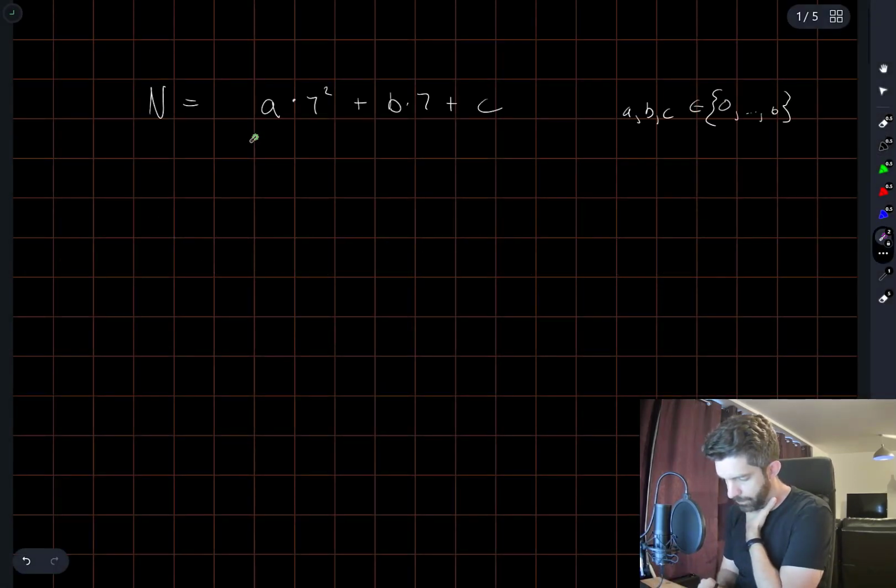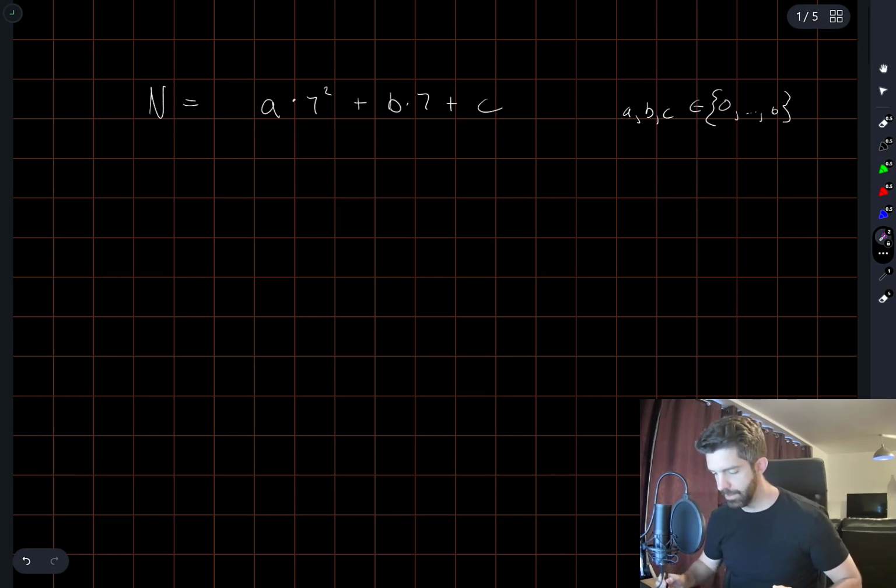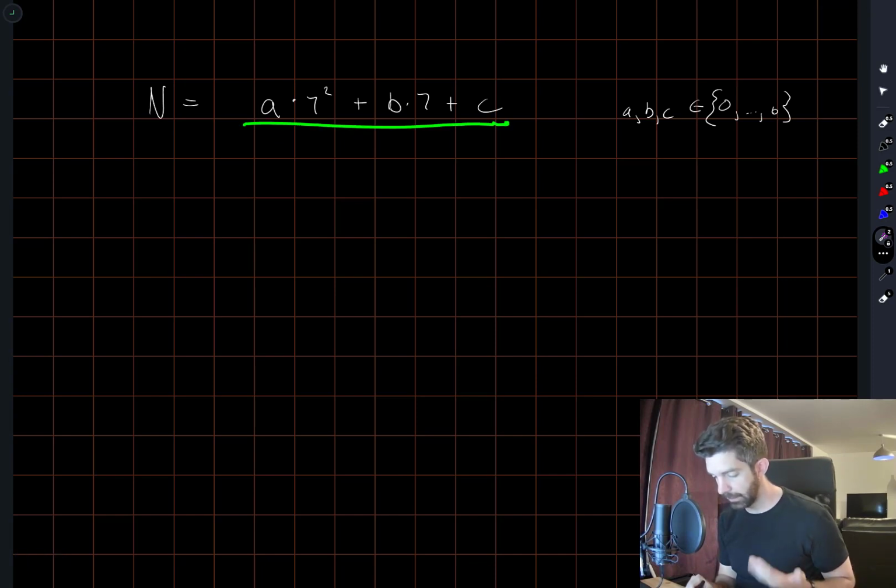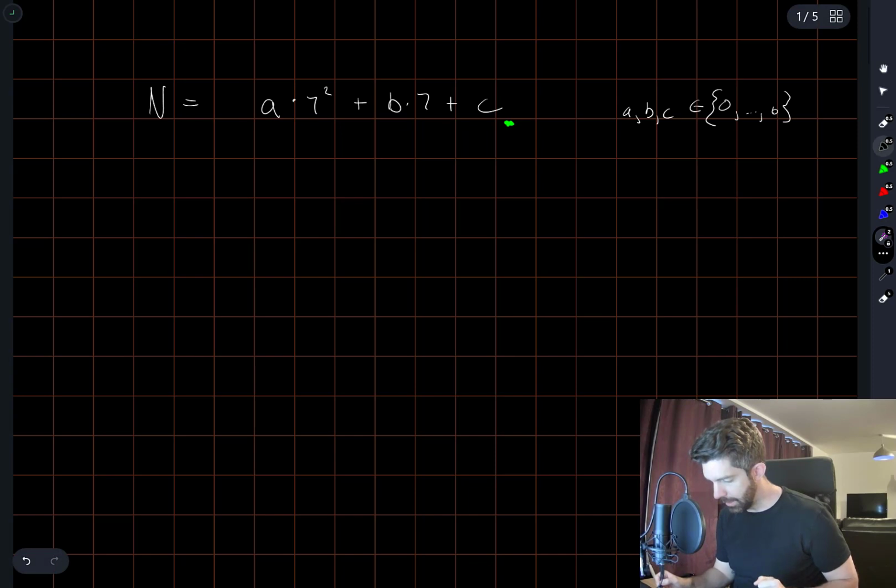So if I have a number with a base 7 representation that is 3 digits, that just means the number can be written like this. The representation is ABC.